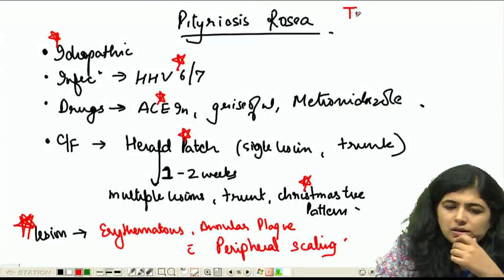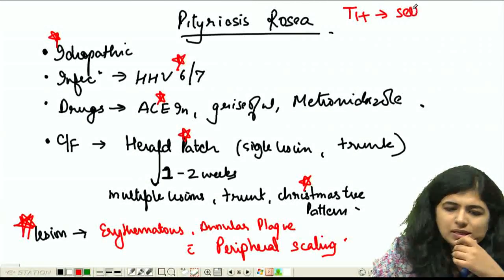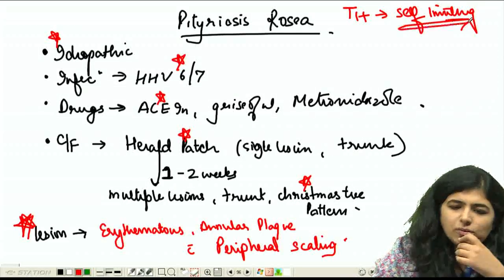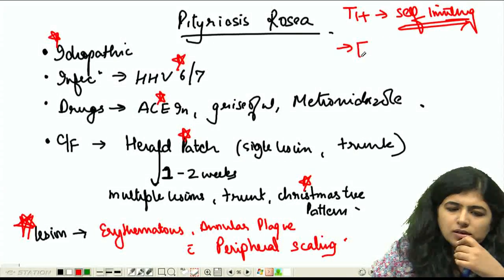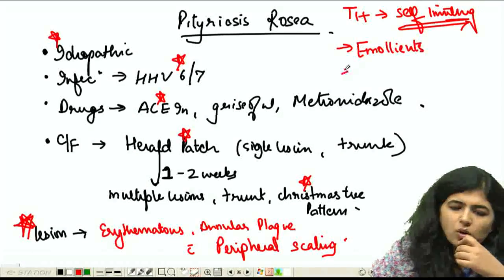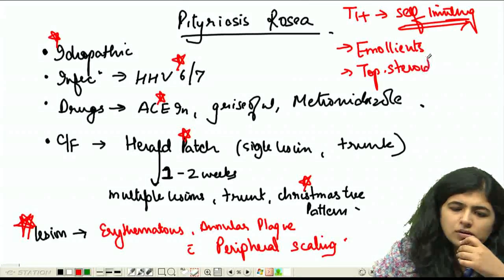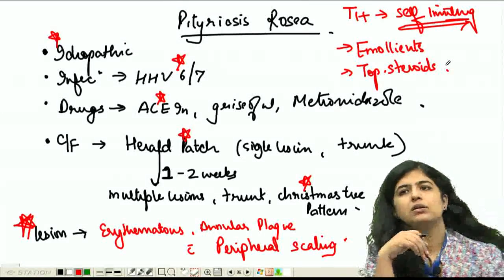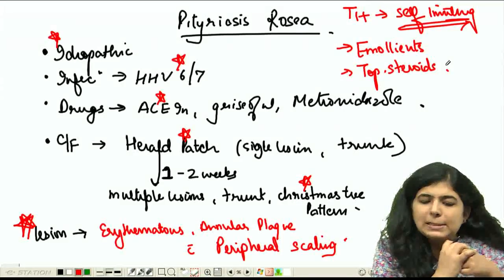What is the treatment? Treatment is self-limiting. It resolves on its own. If at all you have to treat it, then you give either emollients, which means moisturizers, or sometimes topical steroids. Clear? So that is the treatment.